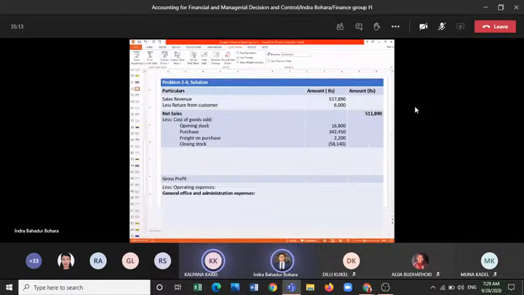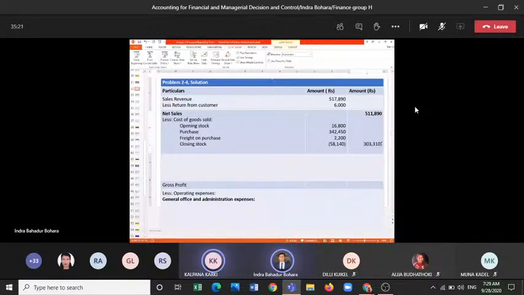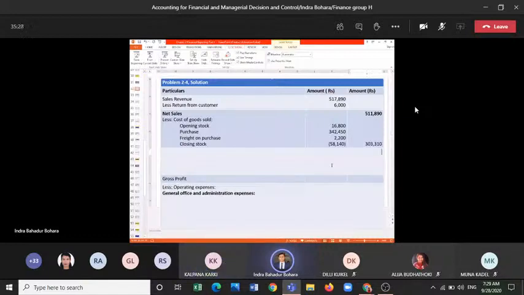Three lakh 3,310. How much is gross profit? Gross profit is 2,08,570.